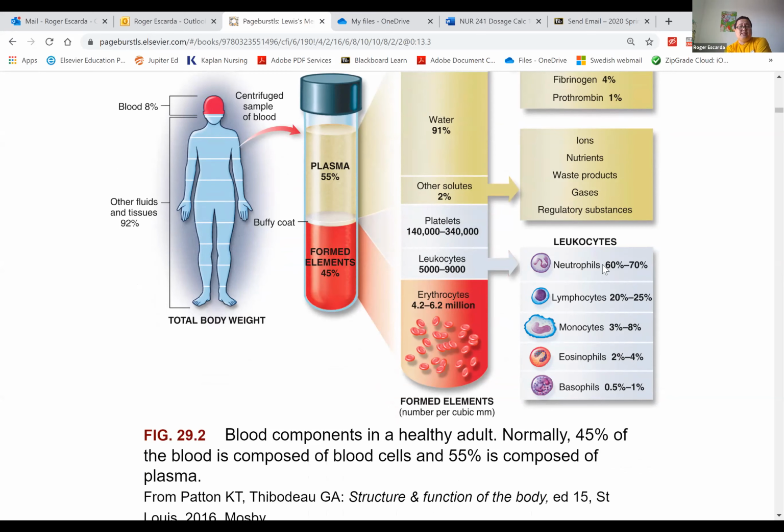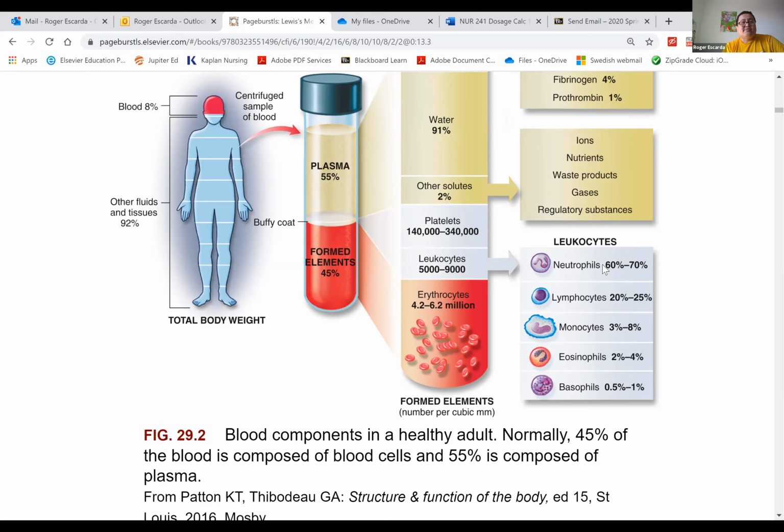A routine CBC won't give you a breakdown. Have you seen, during the time that you did get to go to clinical, that there is a complete blood count, but there's also a CBC with differential? Have you seen that blood test? Not in a clinical session, but okay.